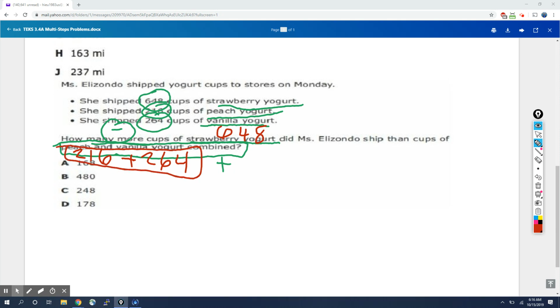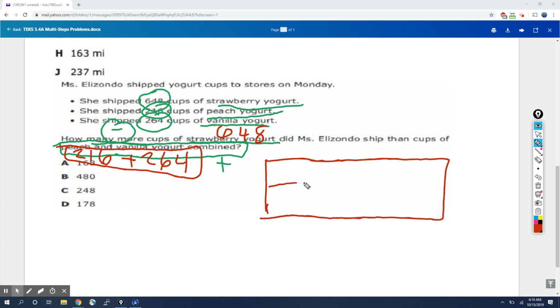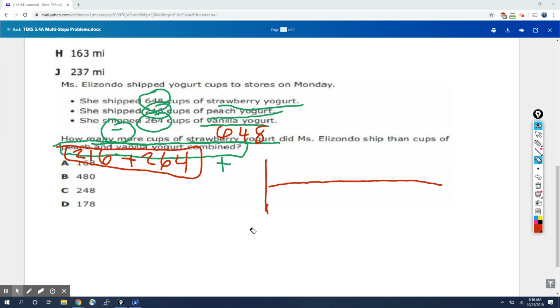I'm going to put on the strip diagram. Okay, so we combine, you compare. No, I'm sorry, not this strip diagram. I am going to compare. I'm going to put clean here. Okay, perfect. I am going to draw the strawberry. So strawberry is this much.